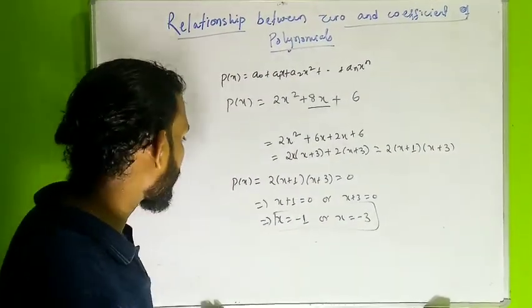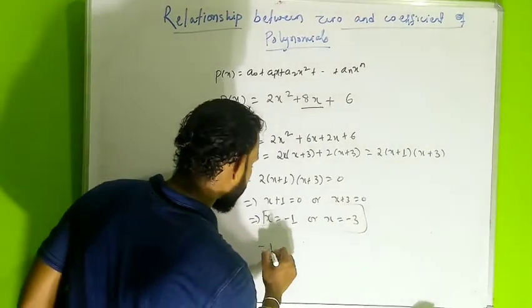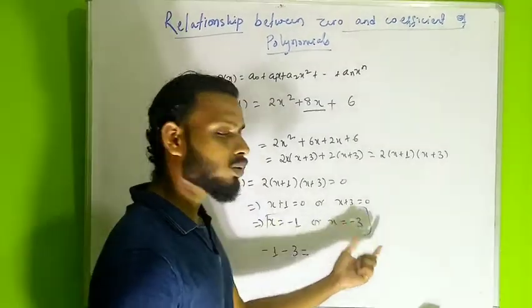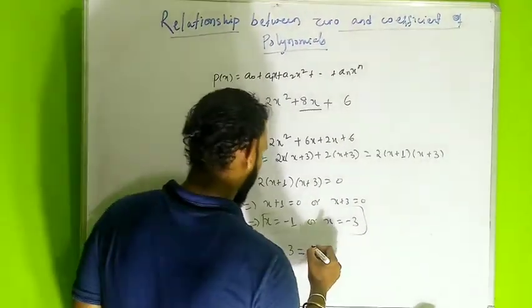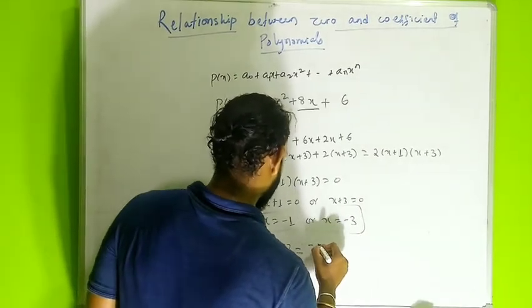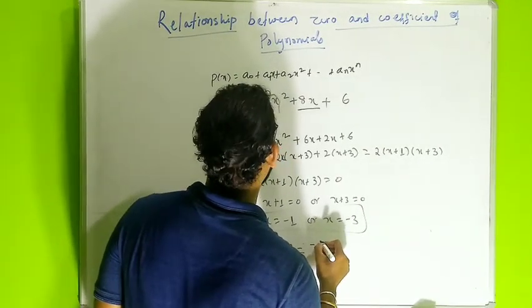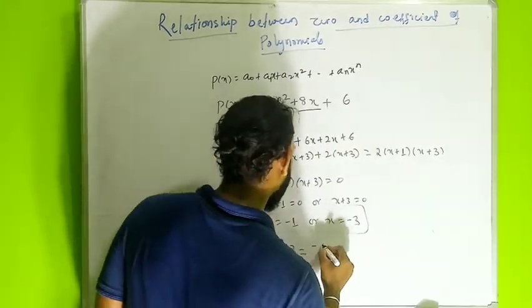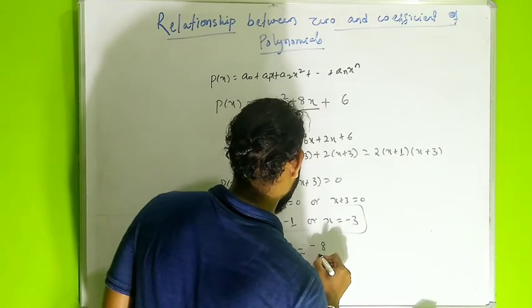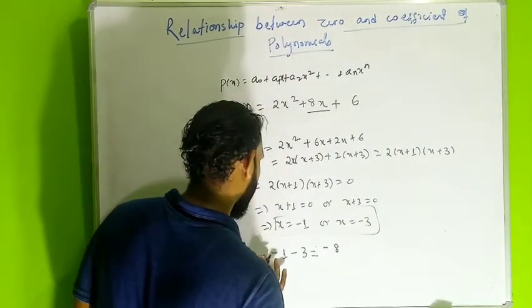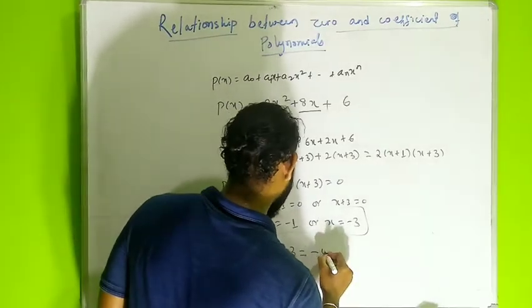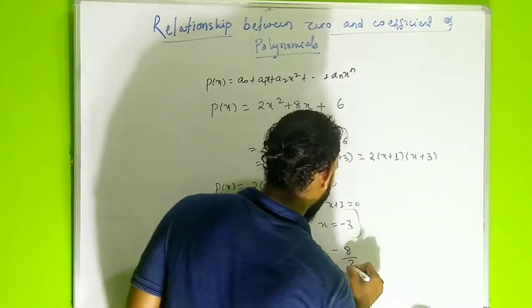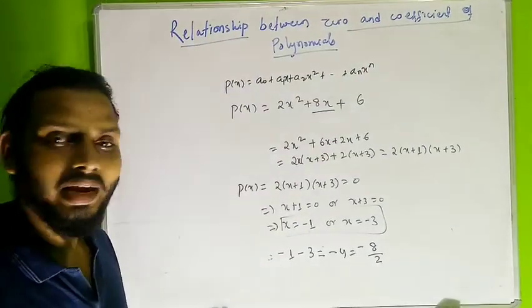Now what you observe here is that the sum of these zeros, minus 1 minus 3, is equal to minus 4, which is equal to minus 8 by 2.